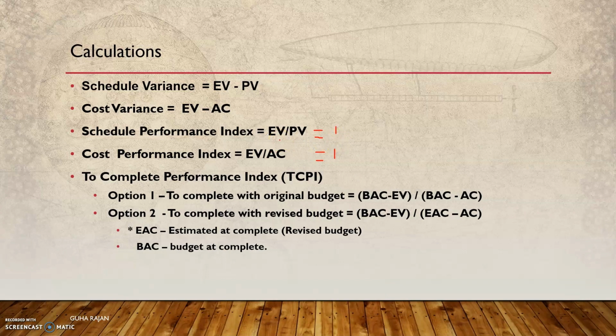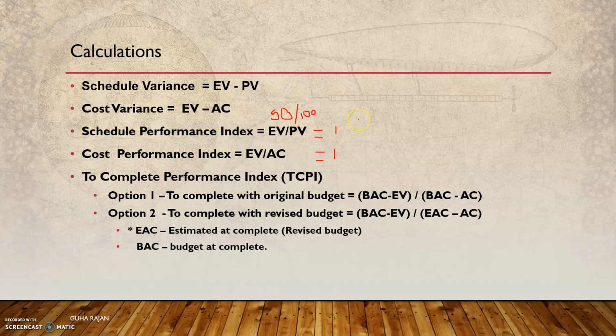Or say for example, if you take it in the dollar sense, $100 is the plan, and the actual work done is $100, so 100 by 100 is again 1. Similarly, cost performance index also is 1. But if you're lagging behind, if the earned value is only 50 and the planned value is 100.